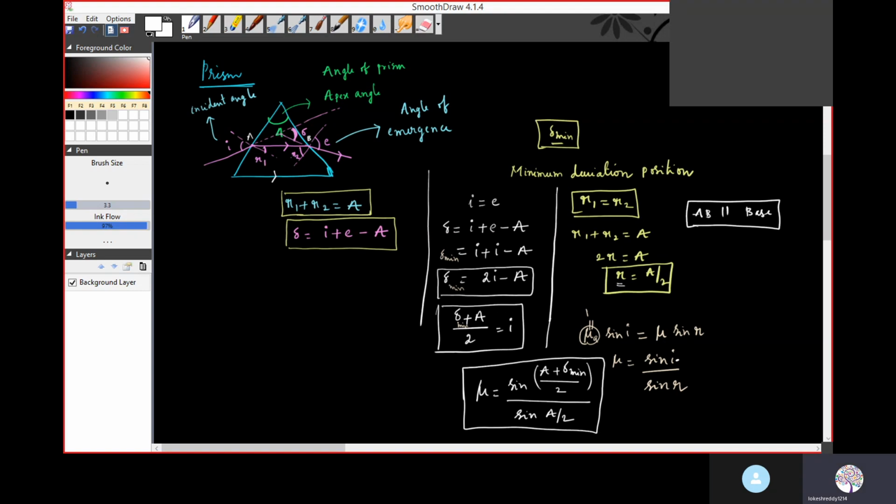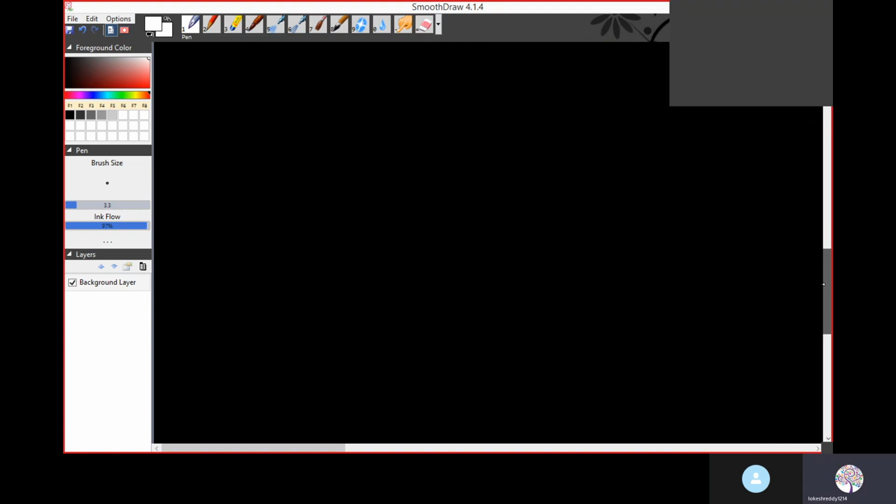Now, looking at the formula, let's look at one problem. NEET 2021 gave a question: take a prism like this, where the incidence is perpendicular to the surface.